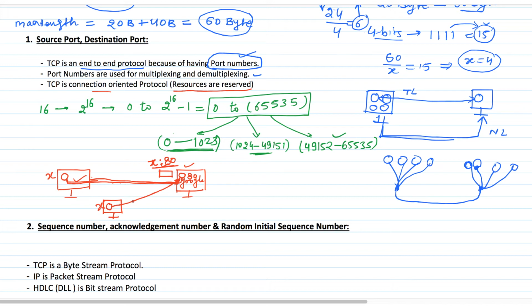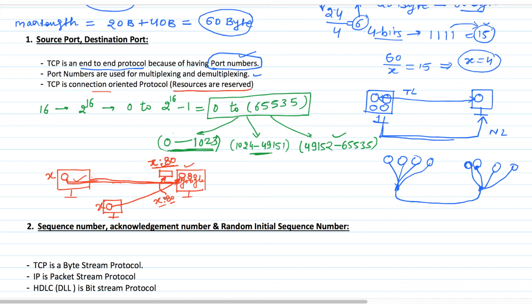So as TCP is connection oriented protocol, for this connection also it is going to reserve some resources, and that reserved resources will be identified with this port number X, means source port, and this destination port, that is 80. So this identification is also pointing to this buffer space.